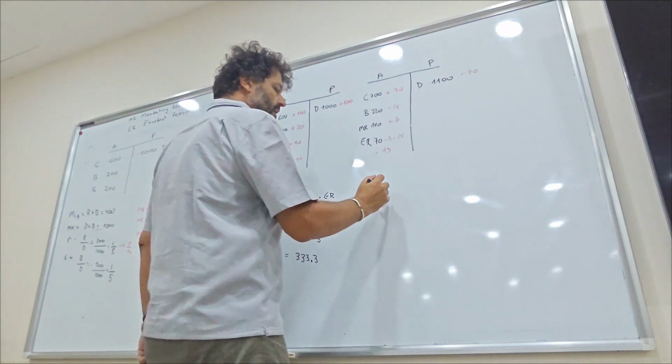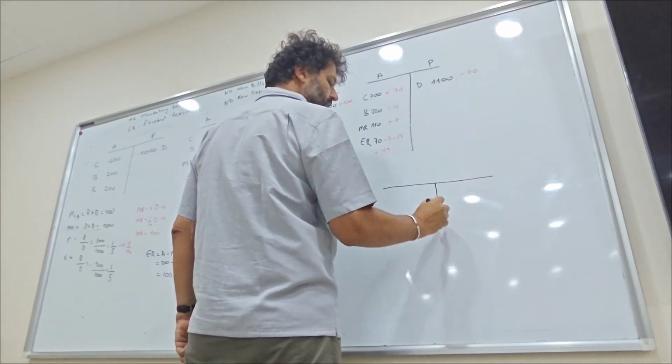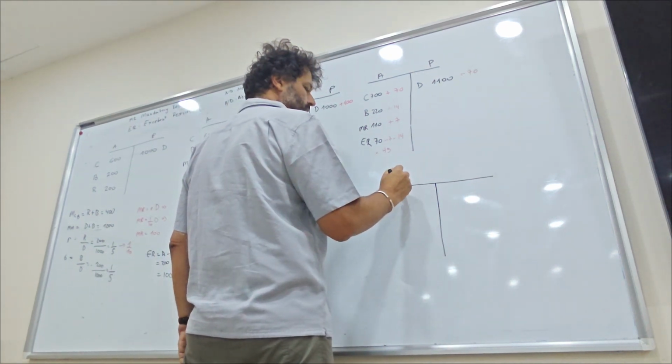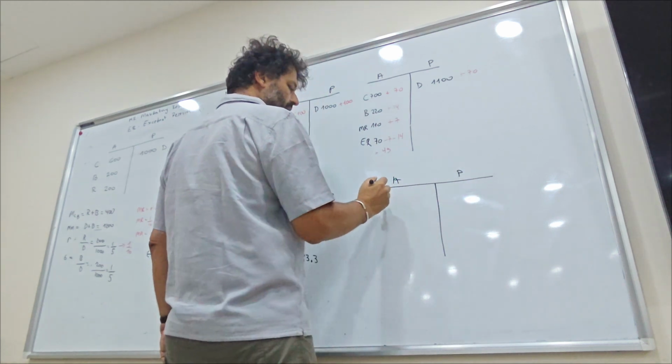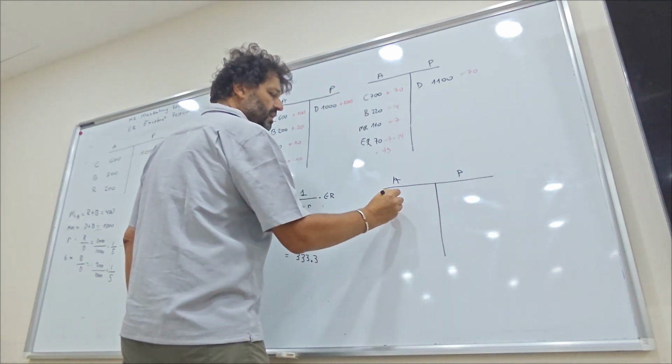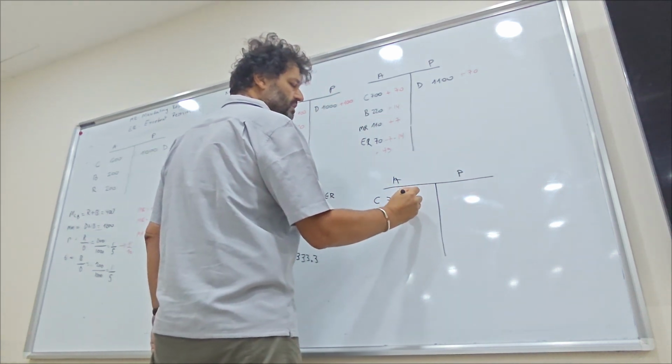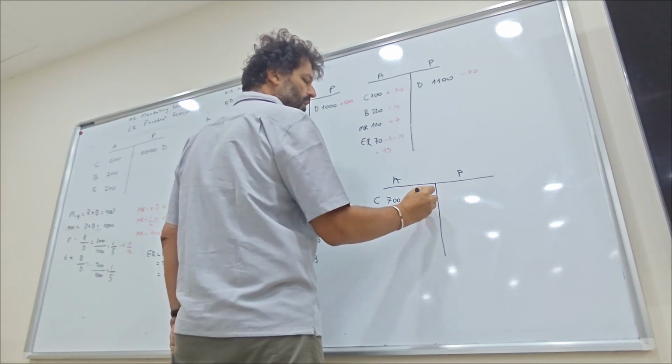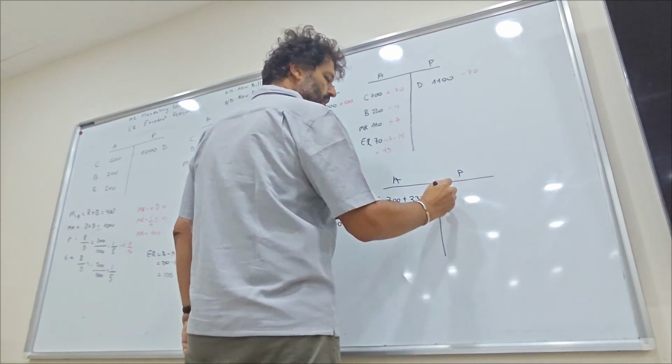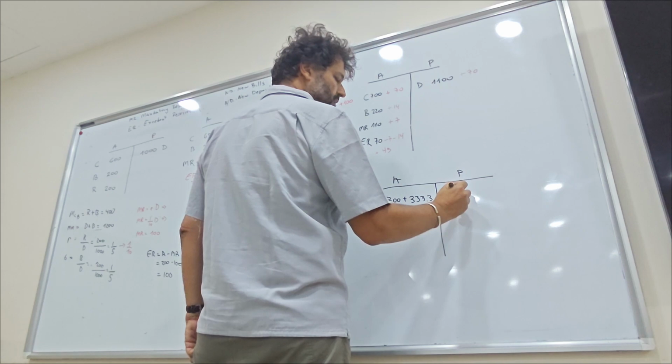So if I come to the last table, the new credits is equal to 700 plus 333.3. The new deposits are 1,000 plus 333.3.